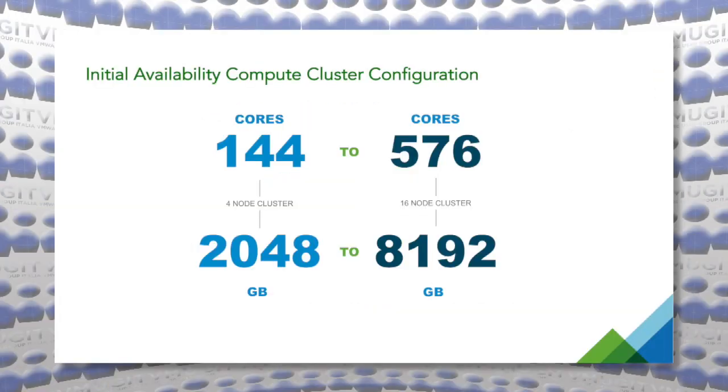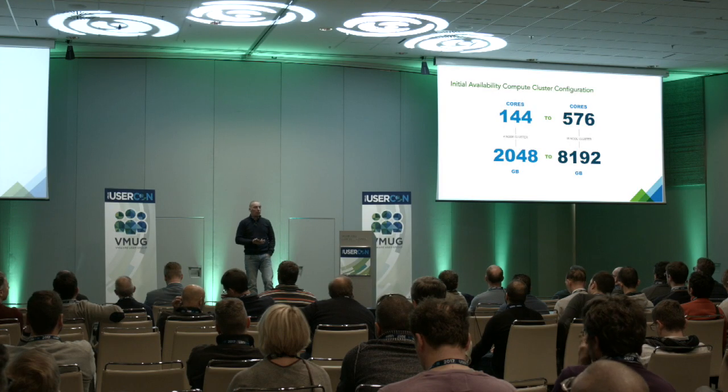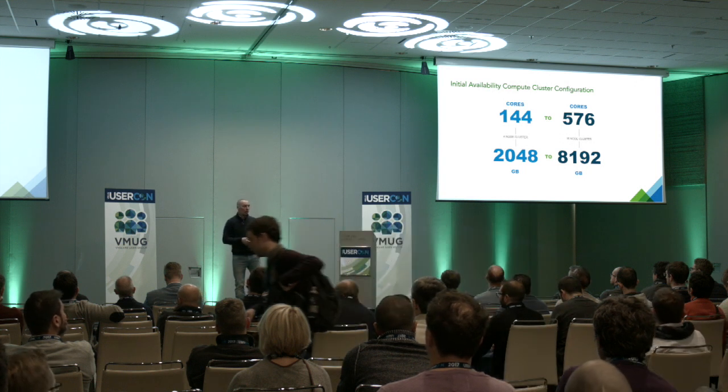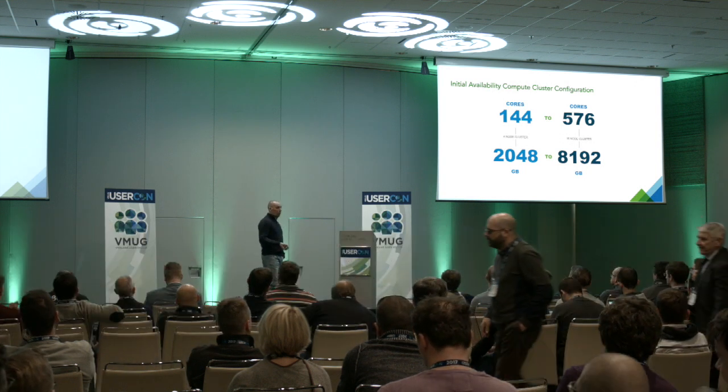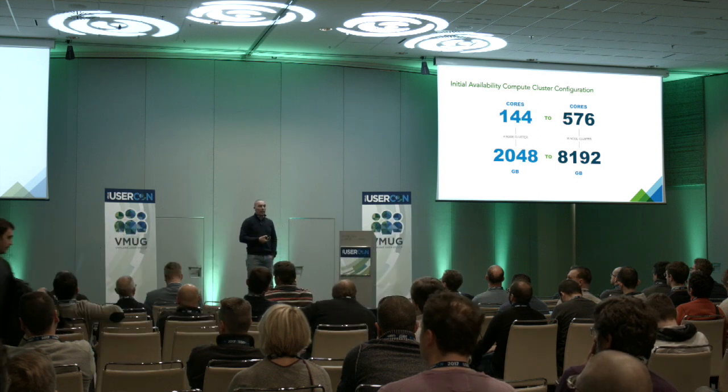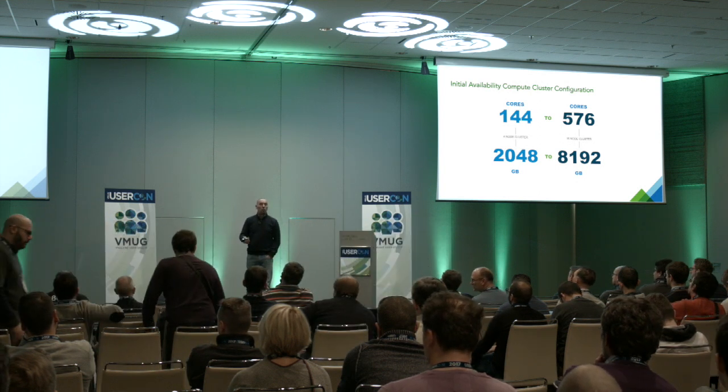That means that every cluster you start, every cloud SDDC you deploy, will have 144 physical cores available to run your workload, 2 terabytes of memory. We start off with 4, but we support up to 16 nodes in the cluster with the current service. So the current service is already available in the US, and we're slowly moving to Europe.